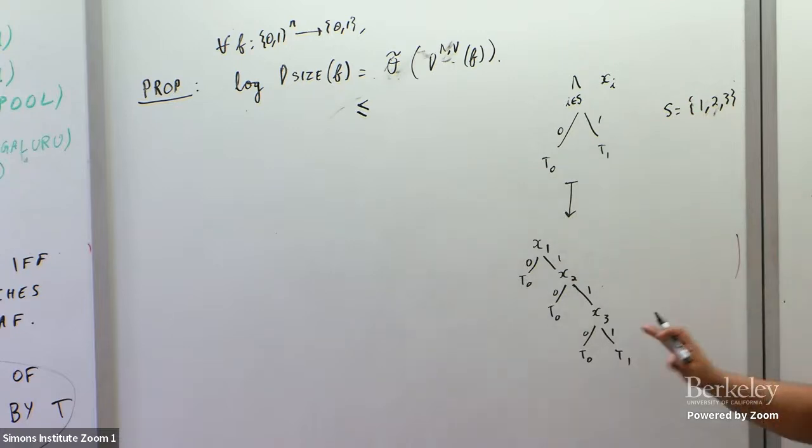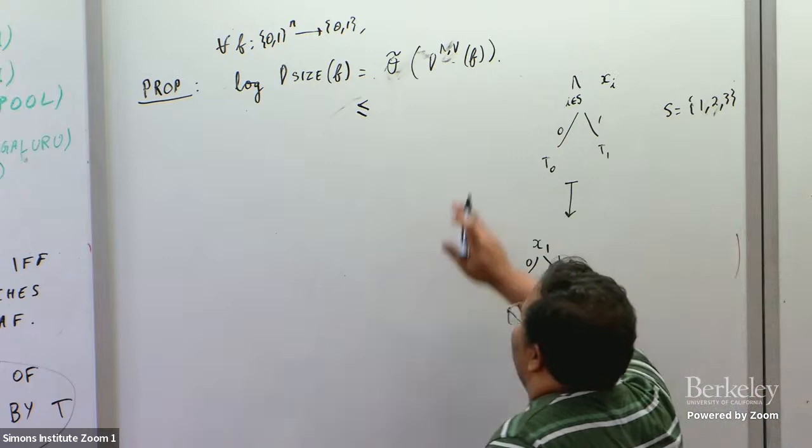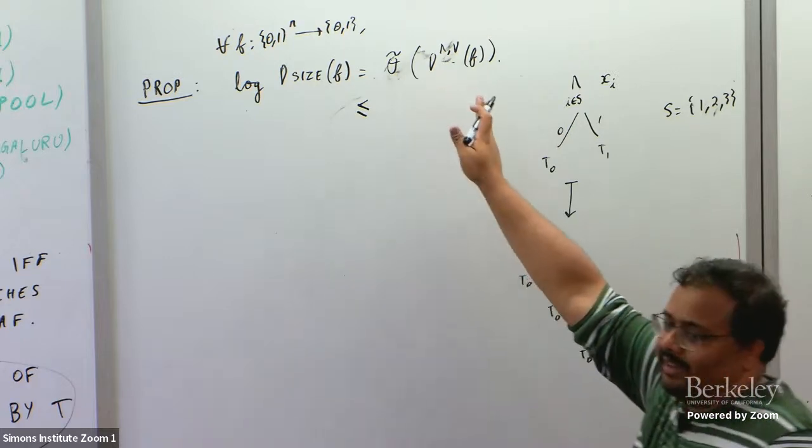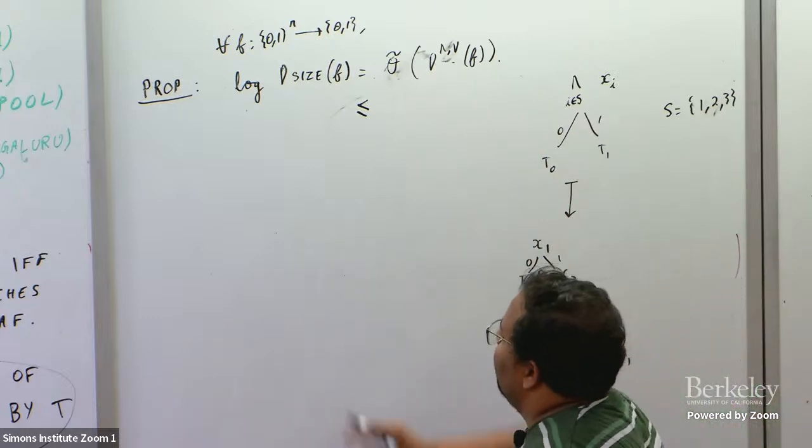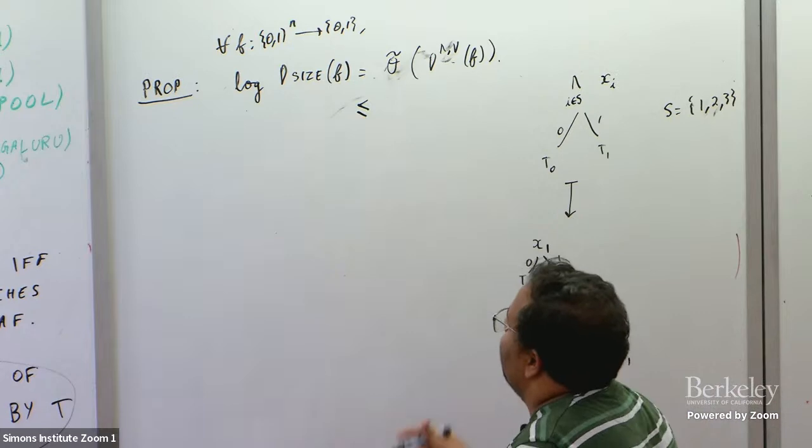And as you can see, the size doesn't blow up too much. Like there's a factor of potentially n that the size blows up by. So in general, if you started with a depth D tree here, what you're going to end up with is a size n to the D tree or so, roughly. So that shows this direction.